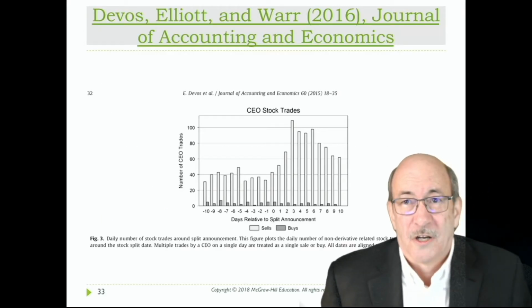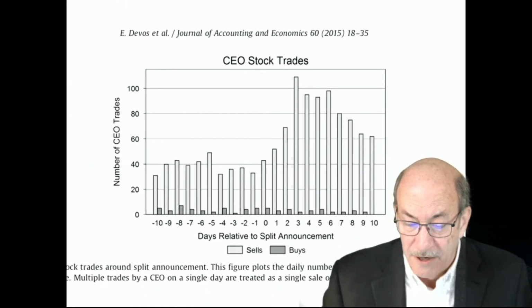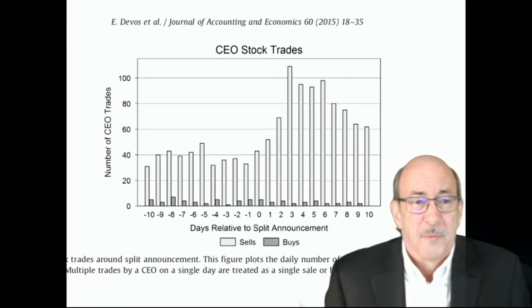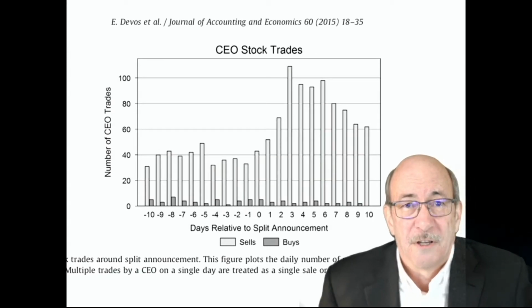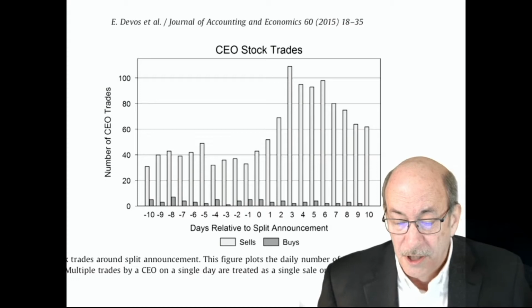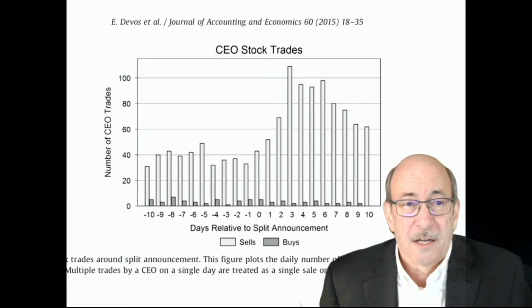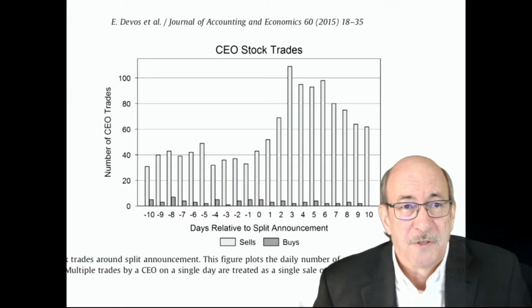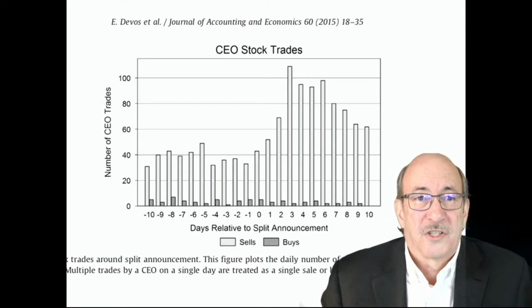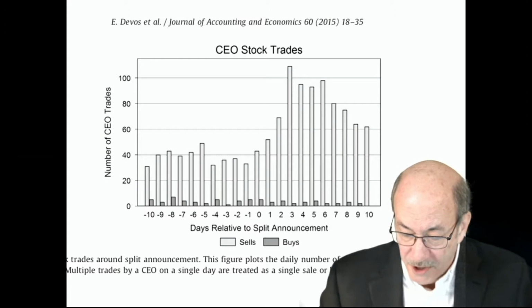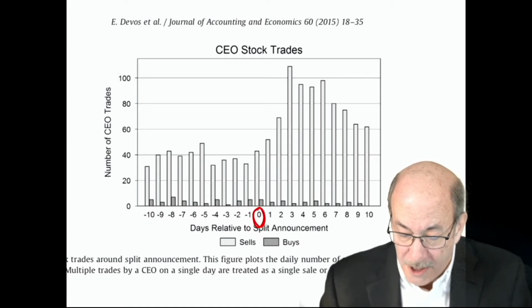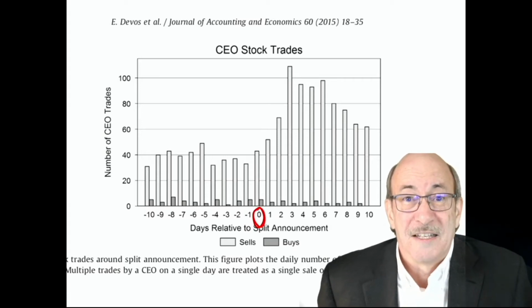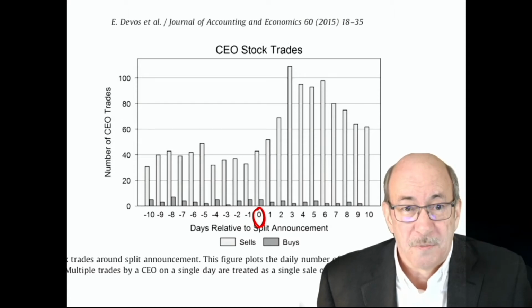Let me show you a chart here. This is out of a paper that myself and Dr. Devos and Dr. War published a few years back. We were studying executive compensation and stock option grants around the time of a stock split announcement. So this day zero point right here, that day zero is the day of the stock split announcement.